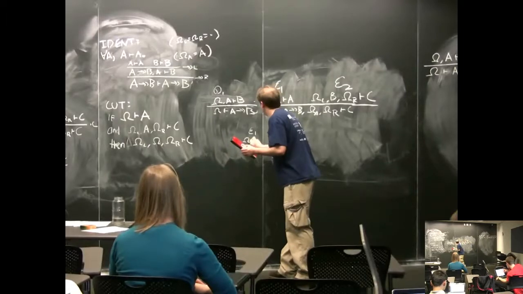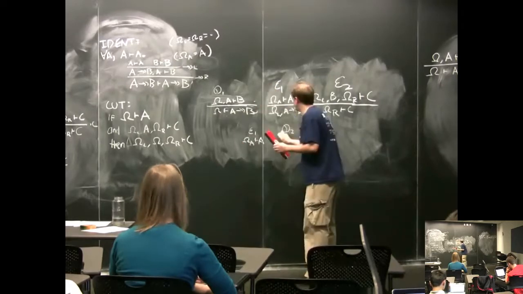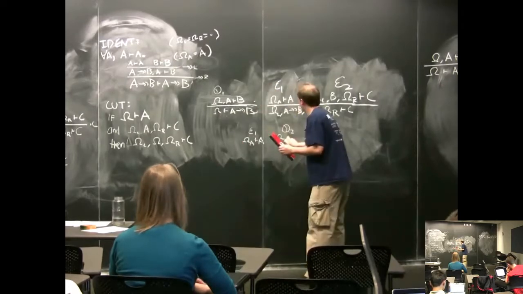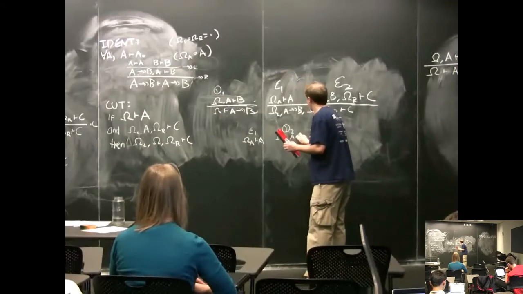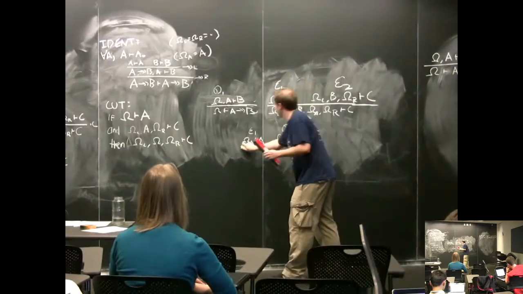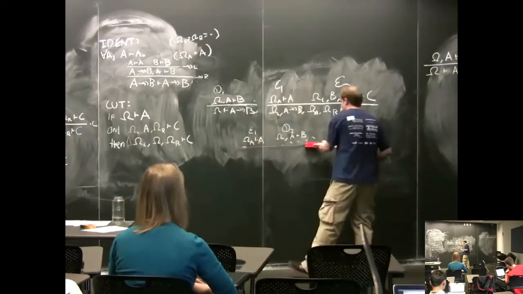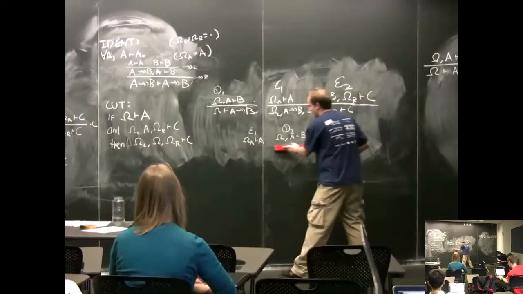So if we take E1, A proves A, and D2, which is that omega A proves B. Frank can draw dashed lines way better than I can. Let me try that again.